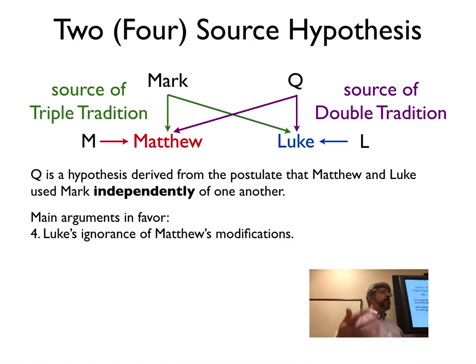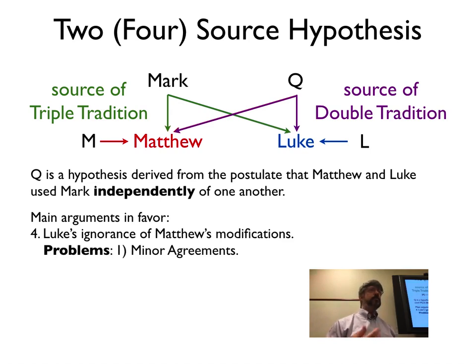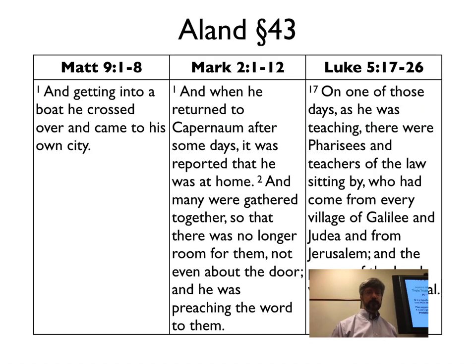We'll continue to talk about it in that way: does Luke know Matthew's changes to Mark? Well, let's look and see. There are two types of problems here. The first are called minor agreements. So here's the beginning of the passage that we looked at last time. If we're going to underline common words, what would we underline in red for Matthew and Mark?